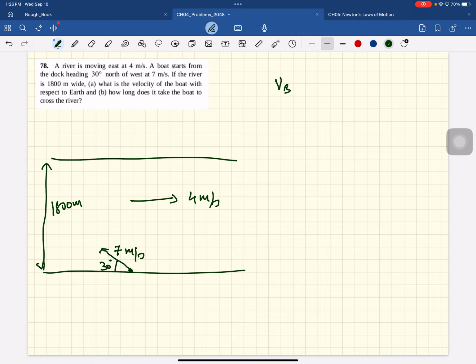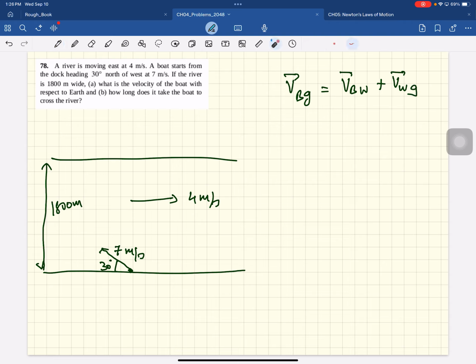Okay, so the velocity of the boat with respect to the ground is equal to the velocity of the boat with respect to water plus the velocity of water with respect to ground.